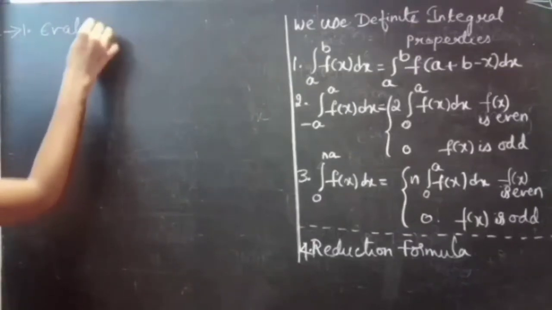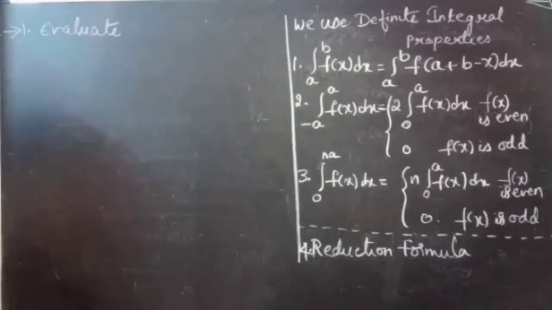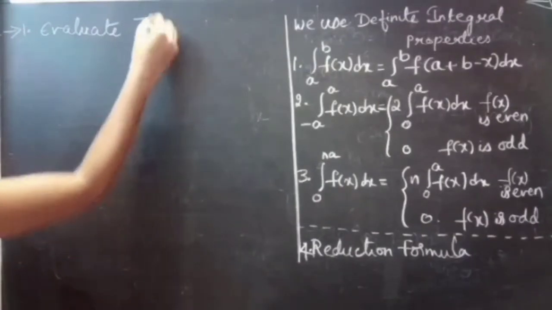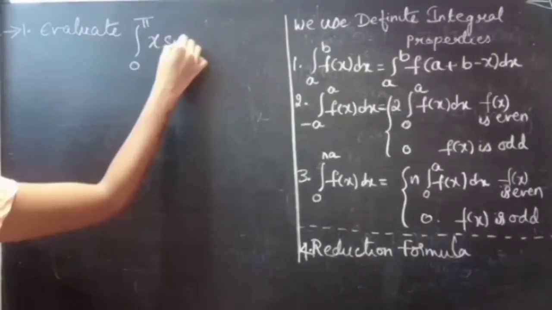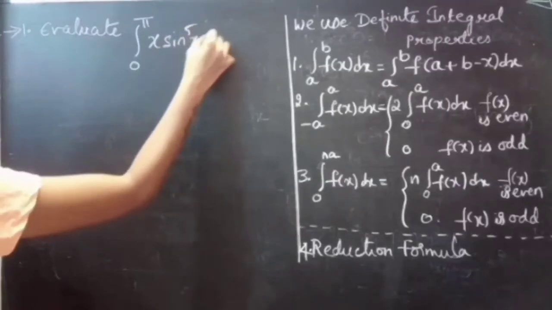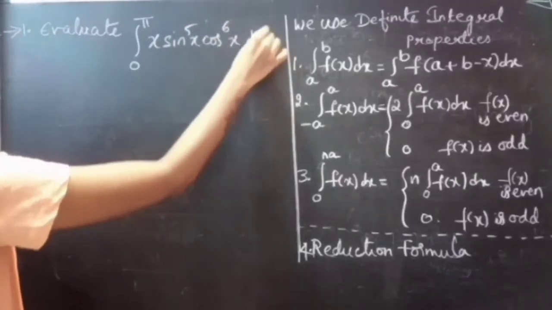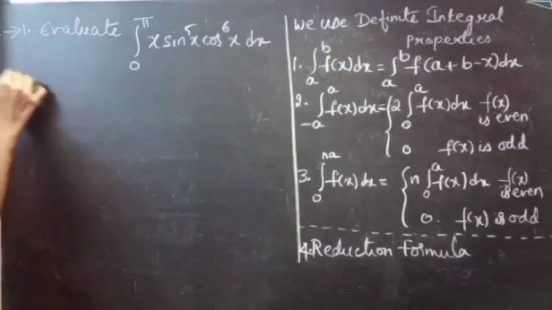evaluate integral from 0 to pi x into sine power 5x into cos power 6x dx. Solution.